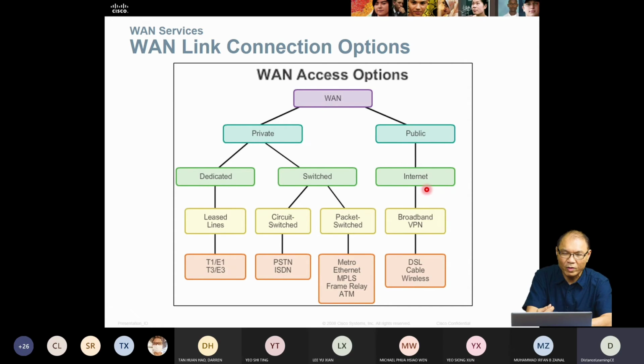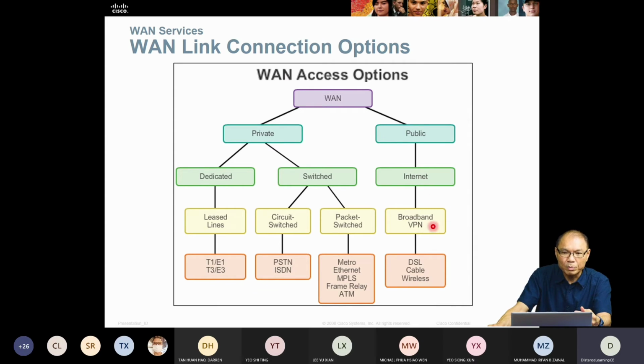So in Singapore, if there are 5 million population connected to the internet, these 5 million people are actually using a service provider's network. Unless they own the whole network, then it's private. So today, we all fall under this category of public wide area network access, which we usually use broadband.